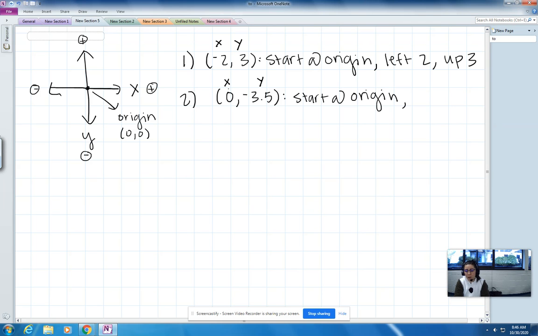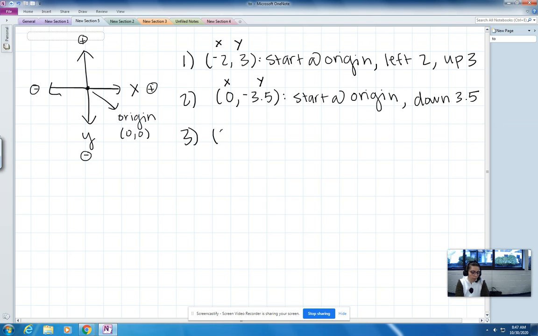I'm not going anywhere. So I don't need to move in the x direction at all. That means I can move on to the y. Our y value is negative 3.5. Negative means we jump down, and 3.5 tells us we're going to go down 3.5 units. So we start at origin, we go down 3.5 units, and that's where we put our dot. That's where we plot our point.